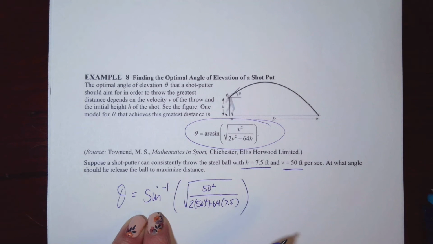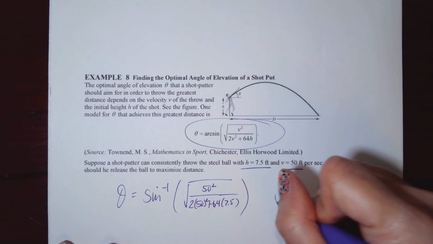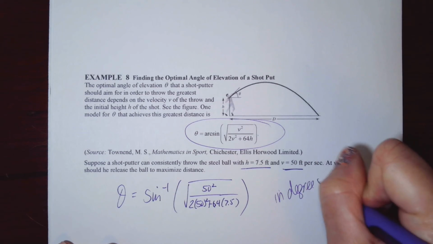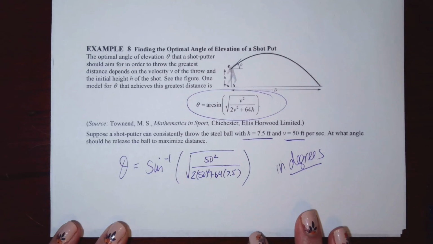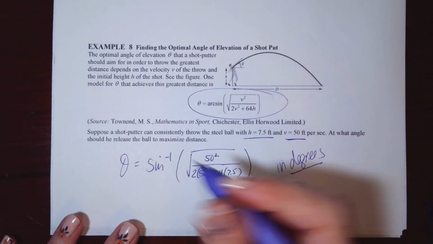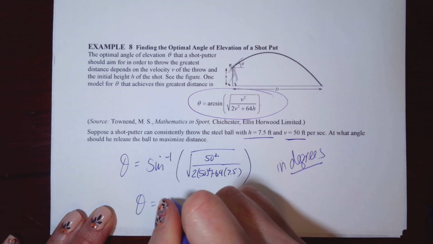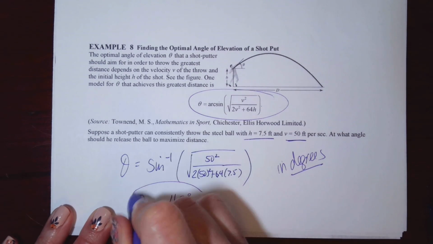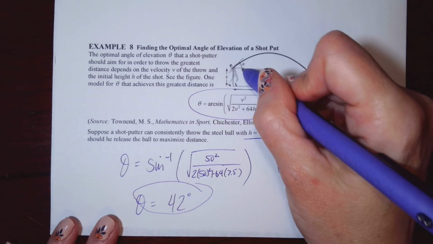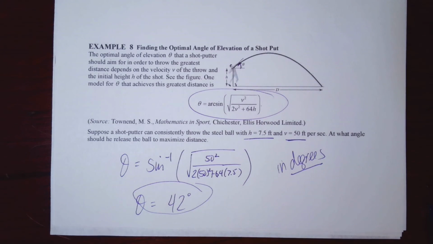So we're going to find it in degrees. This is a good calculator math problem to help you practice. You should get to about 42 degrees. That needs to be the angle of elevation from horizontal, 42 degrees, to get that maximum distance from the shot put.